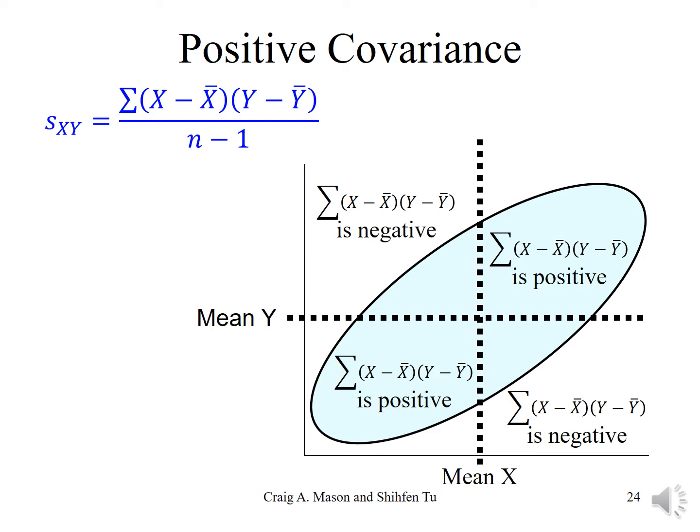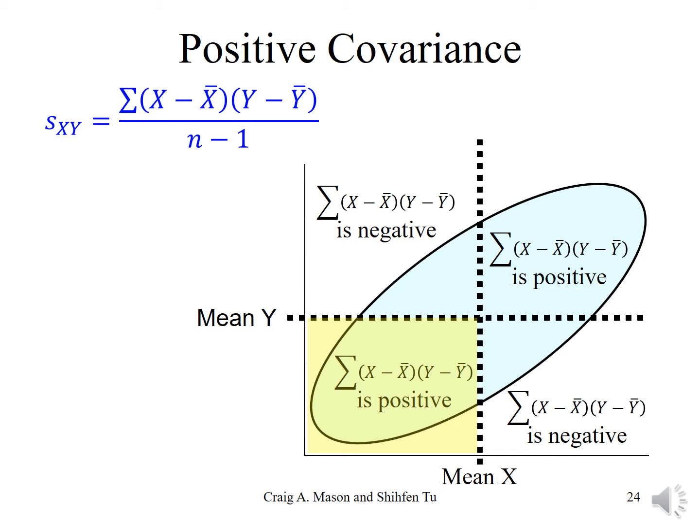negative in value. Now, if there's a positive association, we would expect to see relatively more scores in the quadrants for both scores being above the mean and both scores being below the mean. In both of those cases, the cross product, the numerator in the covariance formula, is positive.